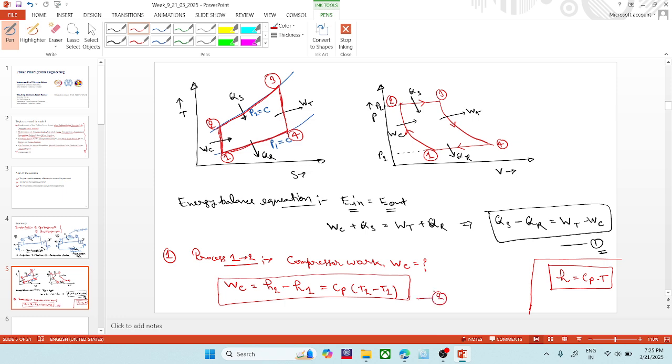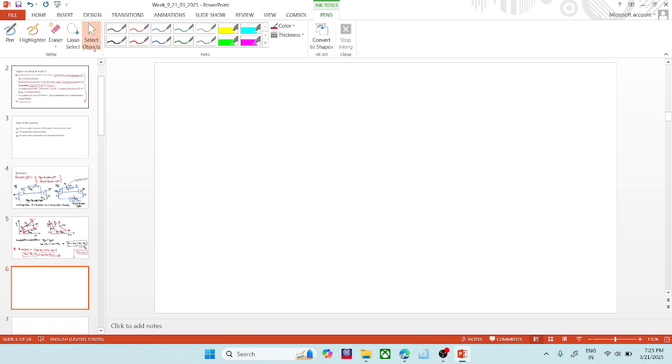Next, the process 2 to 3, where we have to calculate the heat supplied.